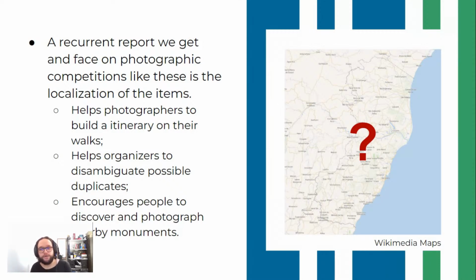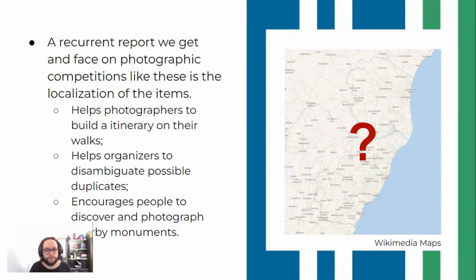So adding geographic coordinates has the potential to help these photographers build an itinerary on their walks. We have reports of photographers that make these itineraries and plan their trip according to the itinerary they build on the lists and the maps.